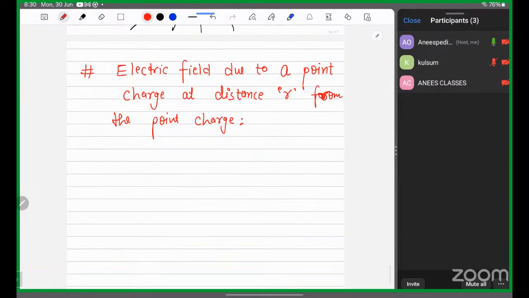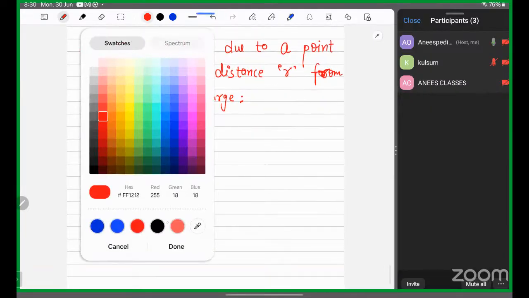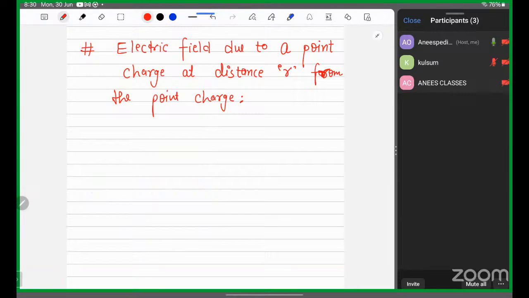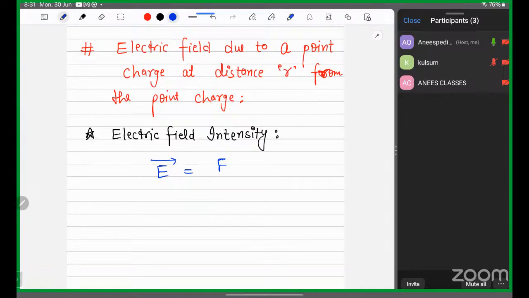Okay, so in this case we will define a new term which is known as electric field intensity. So let's define electric field intensity, which is given by E vector is equals to F vector divided by test charge.